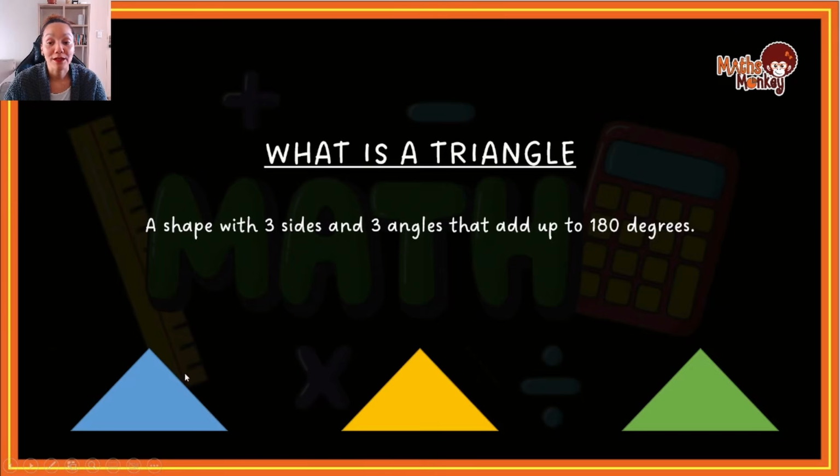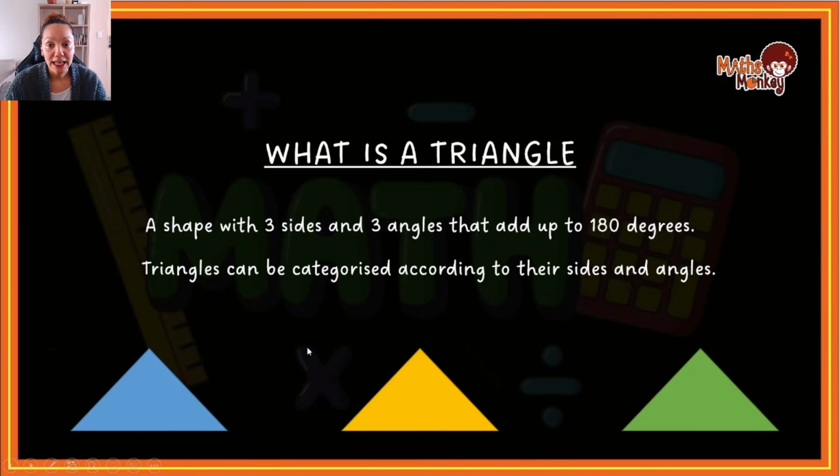So when we talk about sides, we are referring to these sides here, if you can follow my cursor, and then the angles is literally just the size of the corners of each of the triangles. And these angles must always add up to 180 degrees. Right, so that's how you identify a triangle.